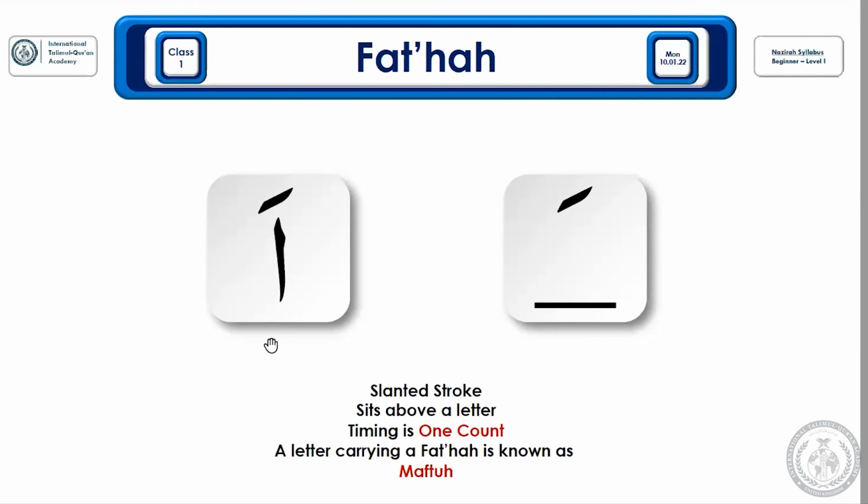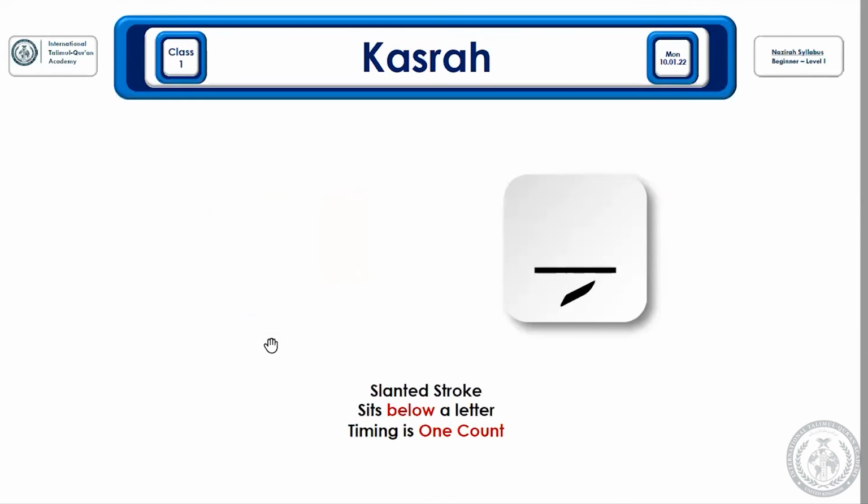Let's have a look at the next one. The next one is called a Kasra. A Kasra is a slanted stroke, but it sits under or below the letter. Again, very important, the timing is only 1 count. So a Kasra: below a letter, and 1 count.